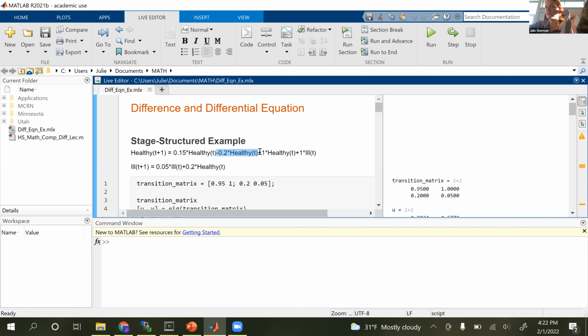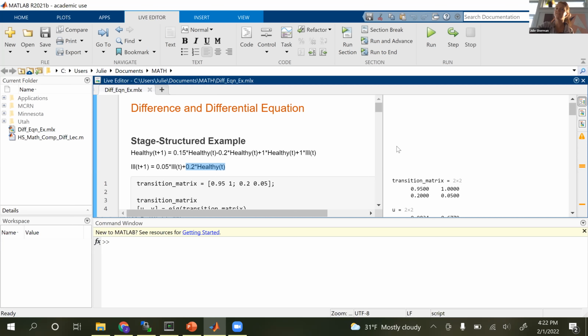Okay, so this has to do with the transition from healthy to ill. It's actually going to be a minus 0.2 of the healthy because they're moving from the healthy to the ill. So sorry about that. Hopefully that wasn't what was confusing you, because that was, I think, the first thing I wrote. Oh gosh. Okay, well, hopefully that is cleared up now. I'm really, really sorry for that.